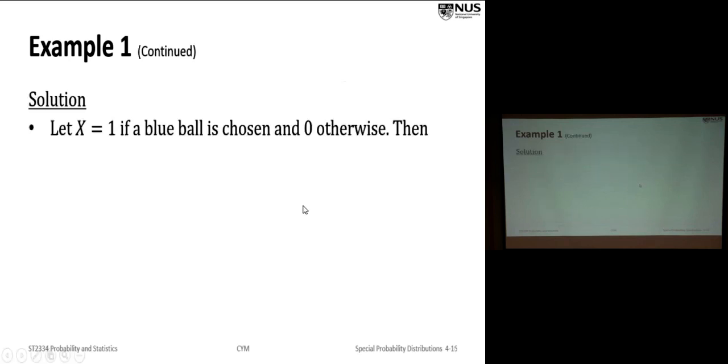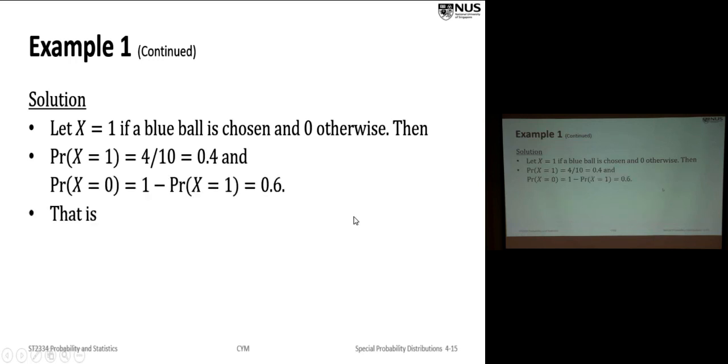So x equals 1, or success, if the ball taken out is a blue ball, and 0 if it is not a blue ball. Then x equal to 1 has probability 0.4 and x equal to 0 has probability 0.6.